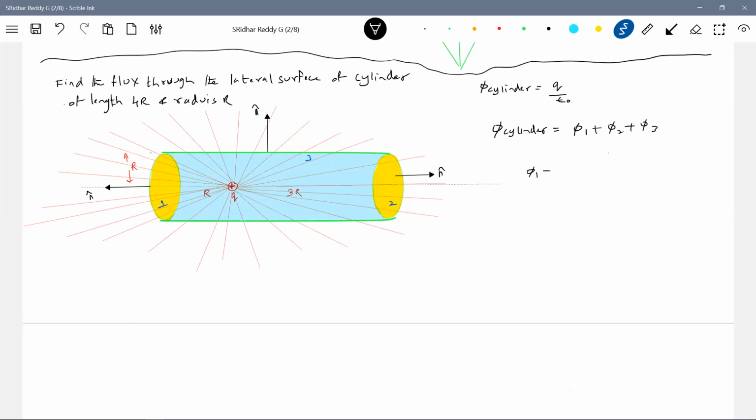So what is the solid angle? It will be Q by 4 pi epsilon naught times the solid angle 1. What is the solid angle? 2 pi (1 minus cos theta 1). So there's one problem.